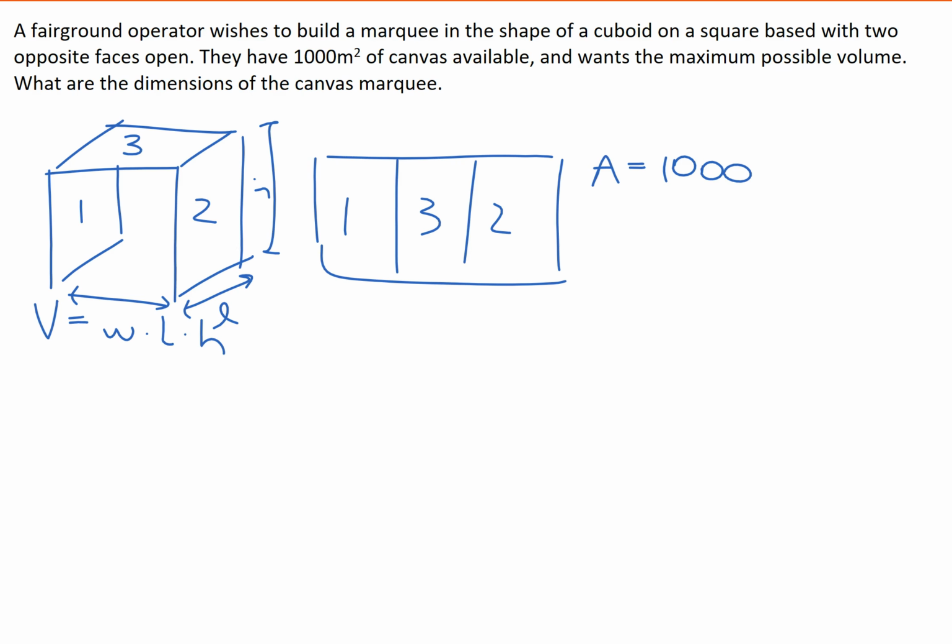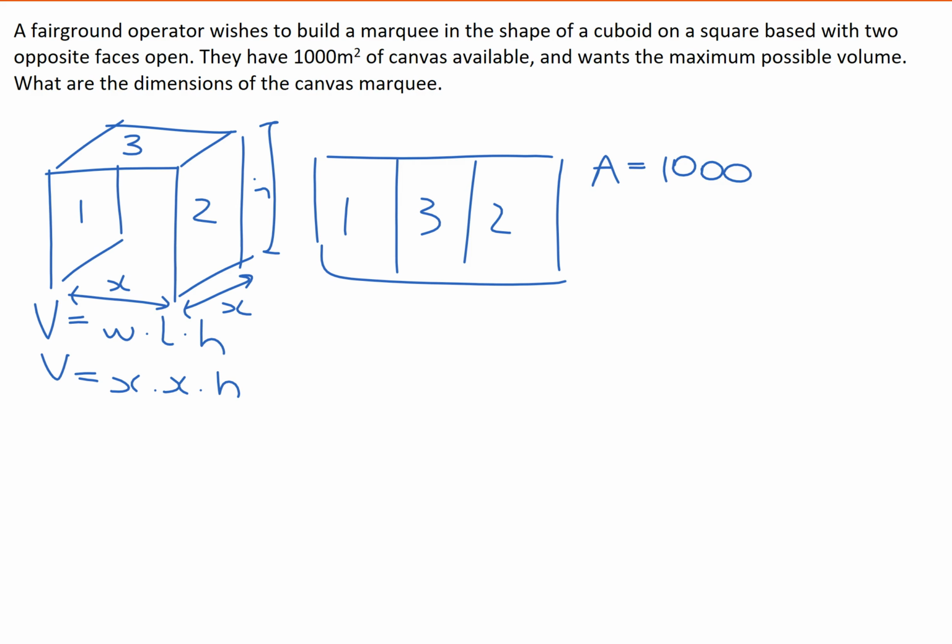Everyone happy with that? But what does it tell you about the width and the length? They're the same because it's a square base. So if I call that X, I'm going to call that X as well. The volume is going to be X times this H. Okay? Everyone happy with that?